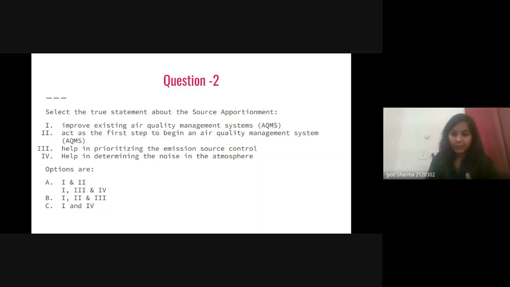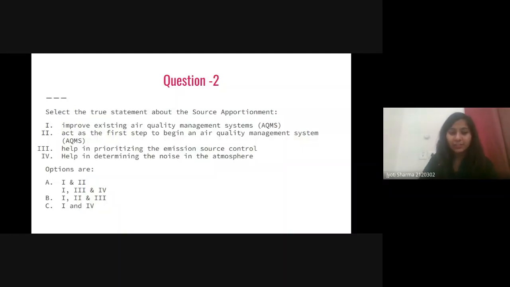So for example, again, we know that most of the carbon monoxide and nitrogen dioxide, or nitrogen oxide, is emitted by vehicles. So most of the policies you can formulate for vehicular emissions, because you know that most of the contribution for carbon monoxide and nitrogen oxide is from transportation. Likewise, such information will help you in prioritizing the emission source control.